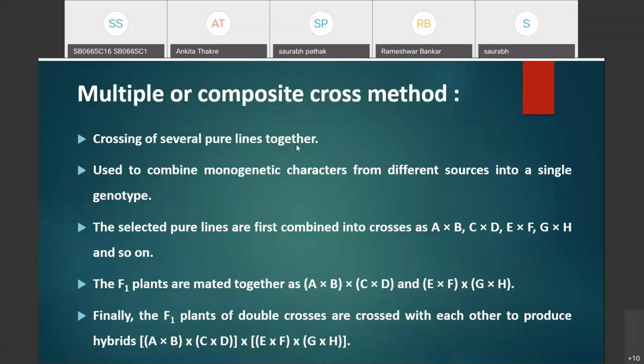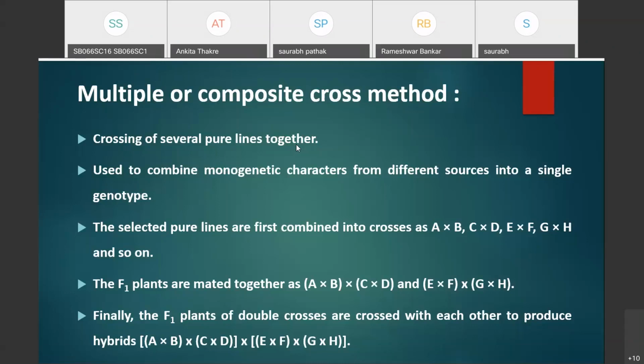And just like that, the progenies of the cross E into F are crossed with the progenies of G and H. Finally, the F1 plants of these double crosses are crossed with each other to produce the hybrid variety.